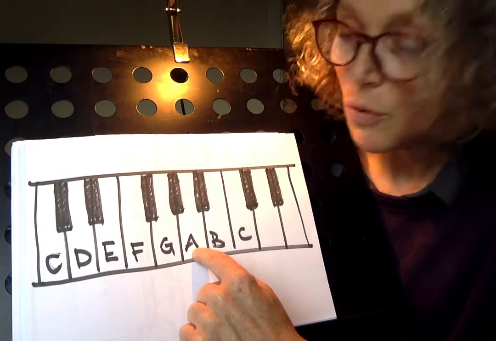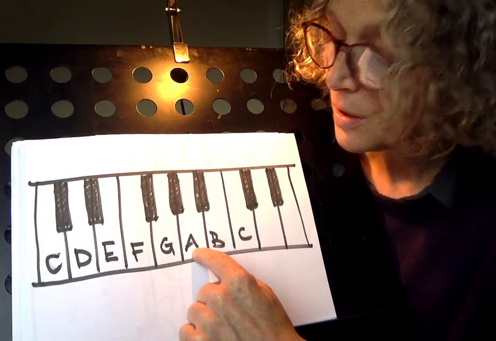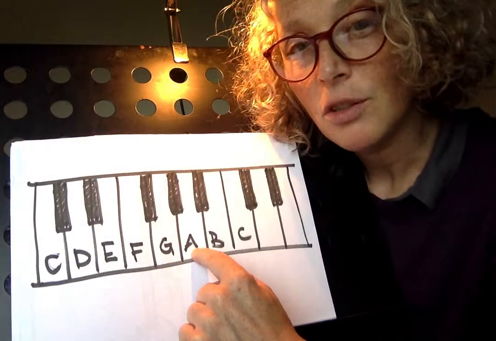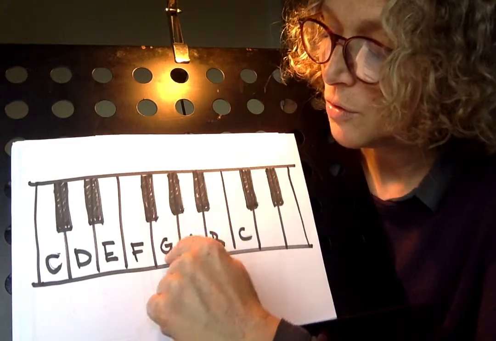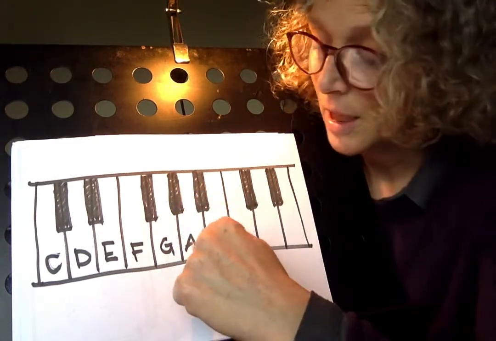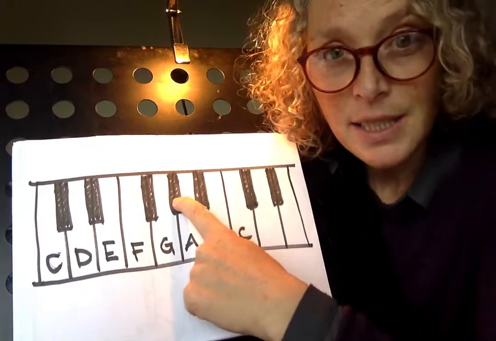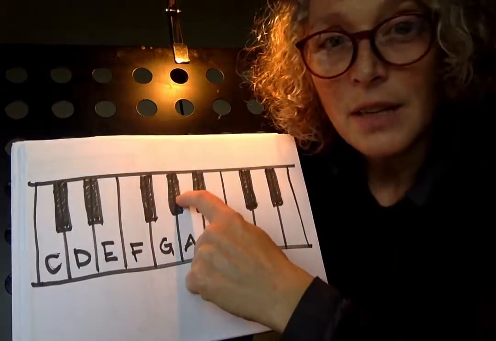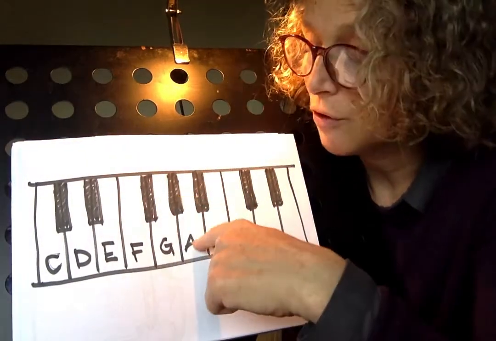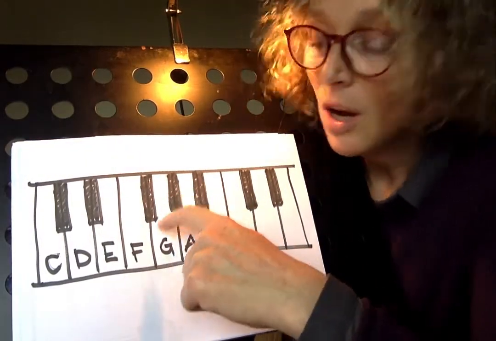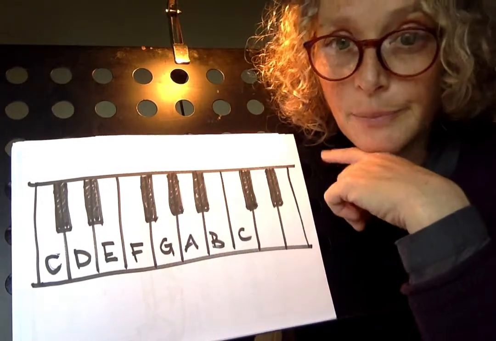Let's do a semitone down. And you would all say, hey, that's the same note. So it's G sharp or A flat. And this is an important thing: the same note can have different names depending on if you're going a semitone down from A or a semitone up from G.